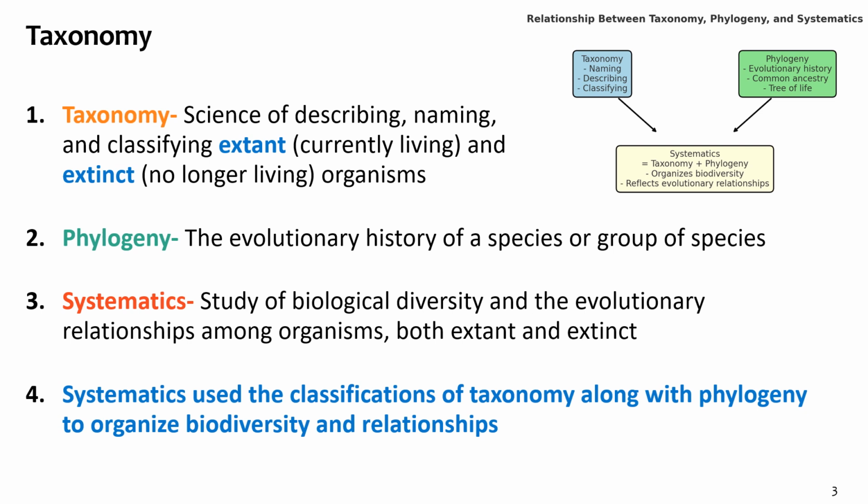You are probably familiar with the term extinct. Extinct means no longer living, as in none left on Earth. Extant, almost a similar word, means currently living. For example, Homo sapiens, or humans, are an extant species, whereas Homo neanderthalensis are an extinct group of organisms.